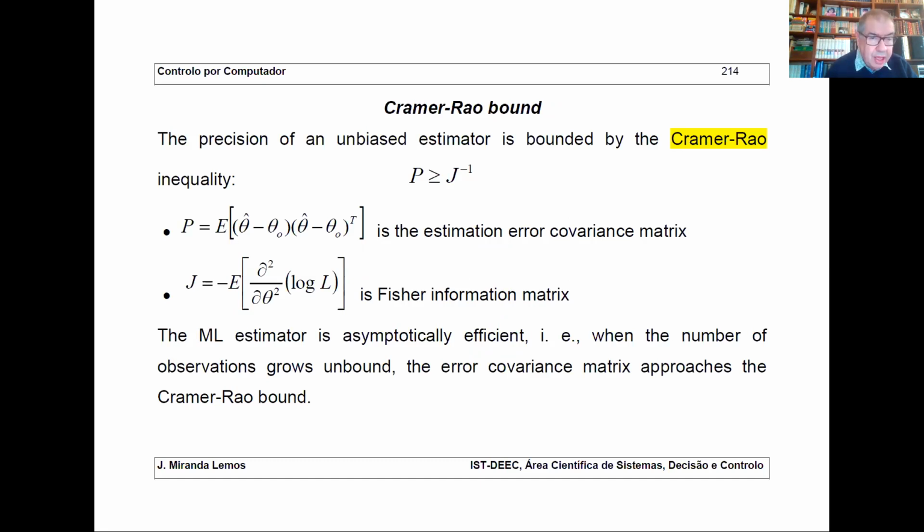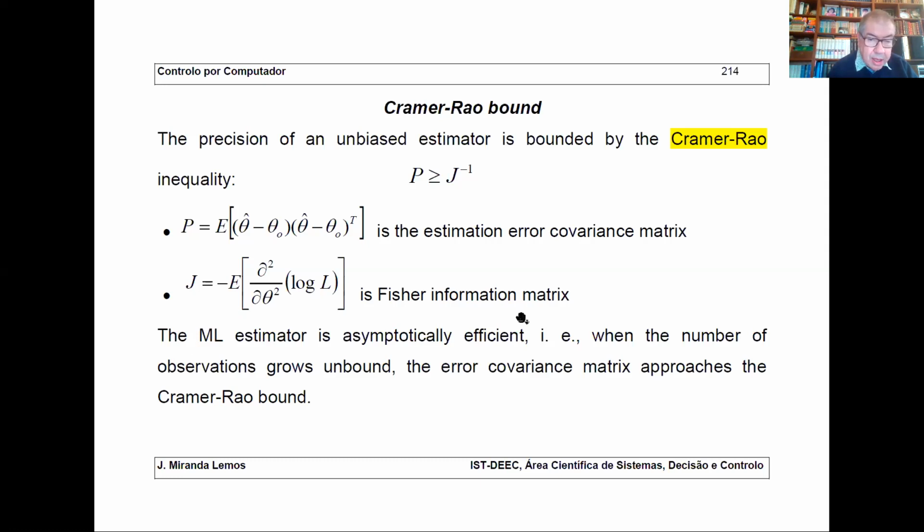The other thing is that the maximum likelihood estimation satisfies the so-called Cramer-Rao bound. That is to say, the error covariance matrix, you cannot reduce it more than a certain quantity, which is given by this J. Actually, it's the Fisher information matrix, which is related to the information that you have.